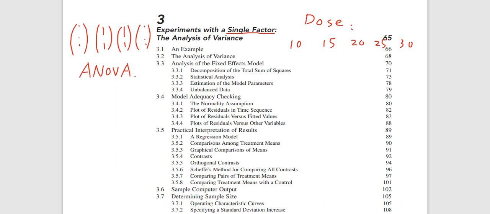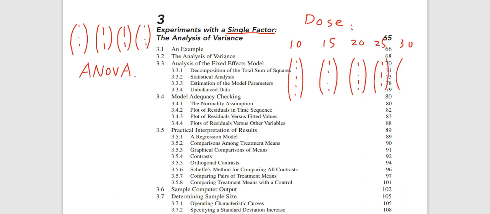Okay, so here we just use many groups for those doses. We just let some people take here, let some people take like that, right? So at the first, we say that the sample sizes in group 1 and group 2 should be the same.